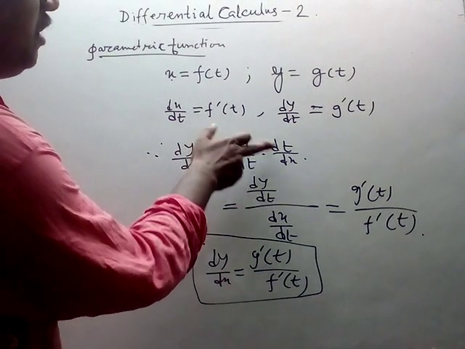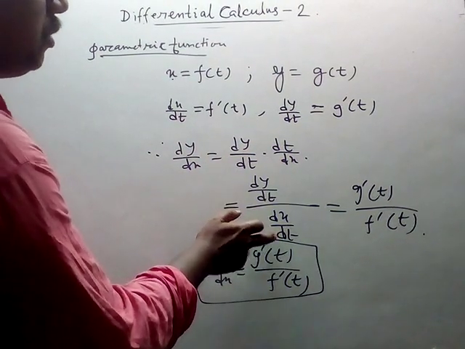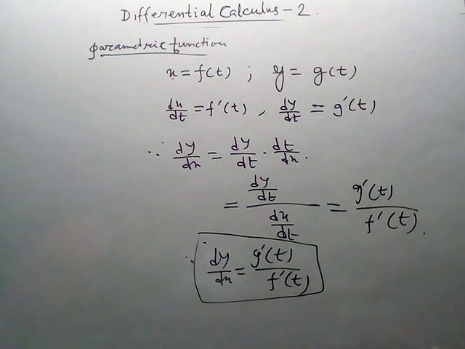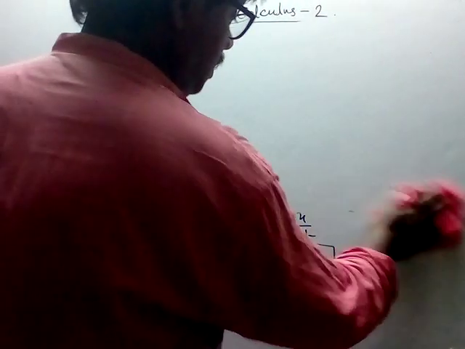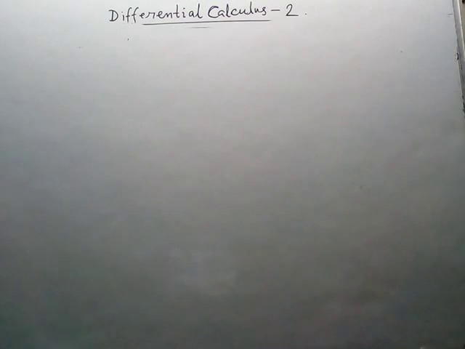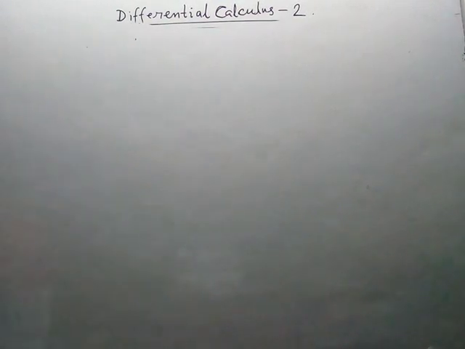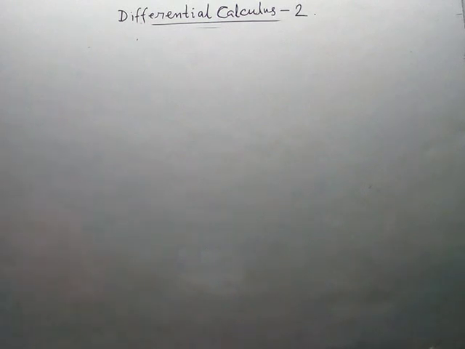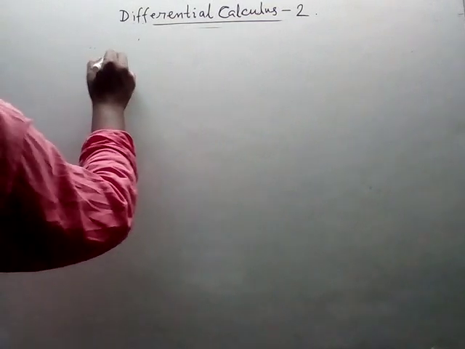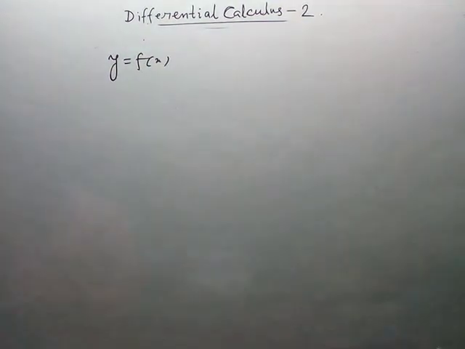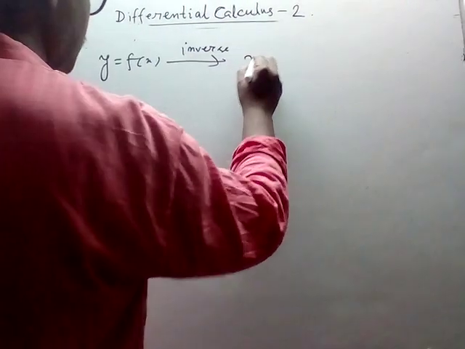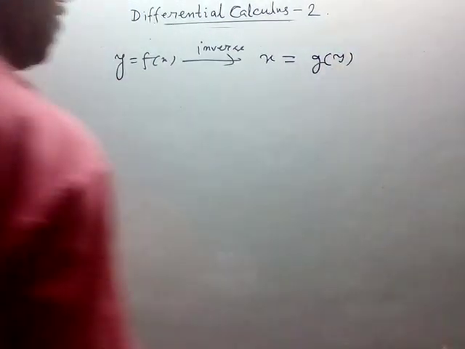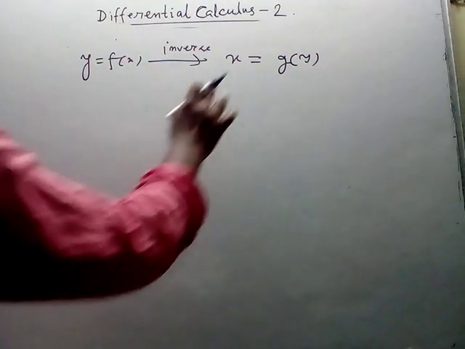Now observe that dt/dx equals 1 by dx/dt. Why does dt/dx equal 1 by dx/dt? This is the question. Suppose y equals f(x) is a function and its inverse function is x equals g(y).